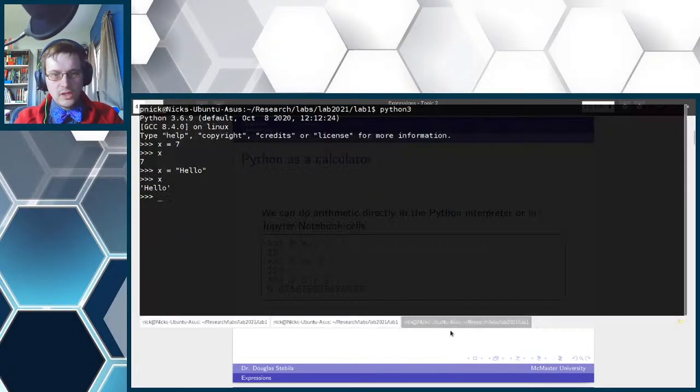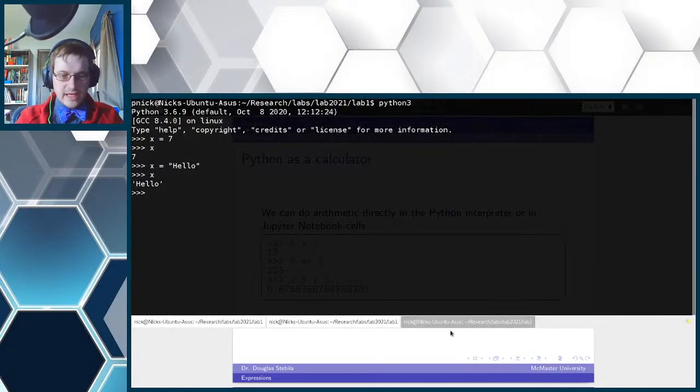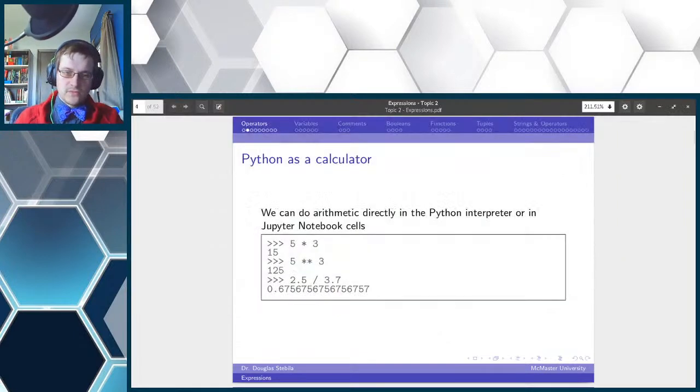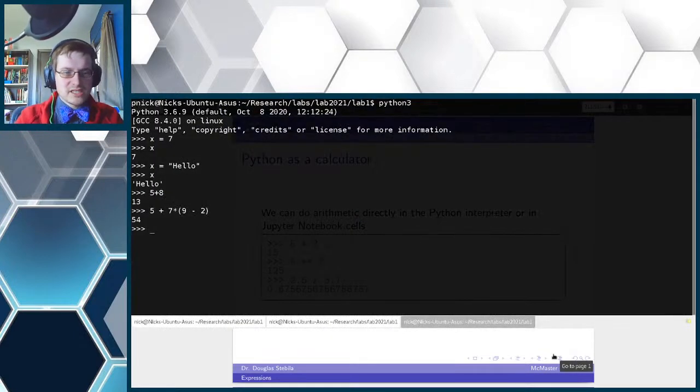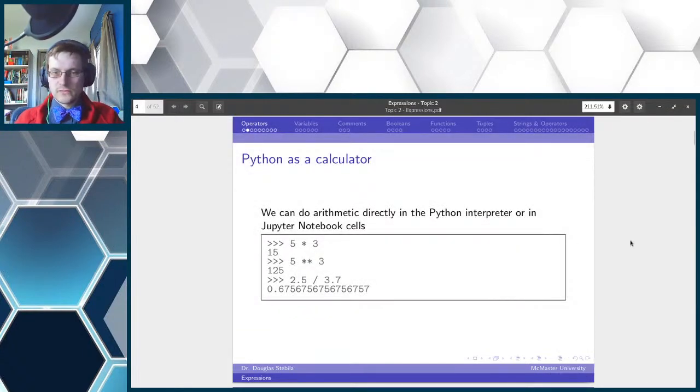So you can use Python like a calculator. 5 plus 8 is 13. 5 plus 7 times 9 minus 2. You can do basic arithmetic. If you want to do exponents, that's 2 star characters. All right? Good.